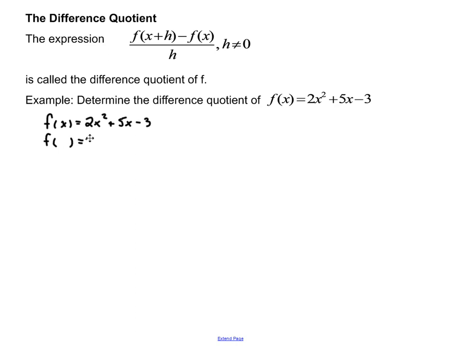So it's very much a case of f of whatever's in the parentheses is equal to 2 times whatever's in that parentheses squared plus 5 times whatever's in that parentheses minus 3, right? Certainly we could find f of 1 that way, or f of 0, or f of any other number.